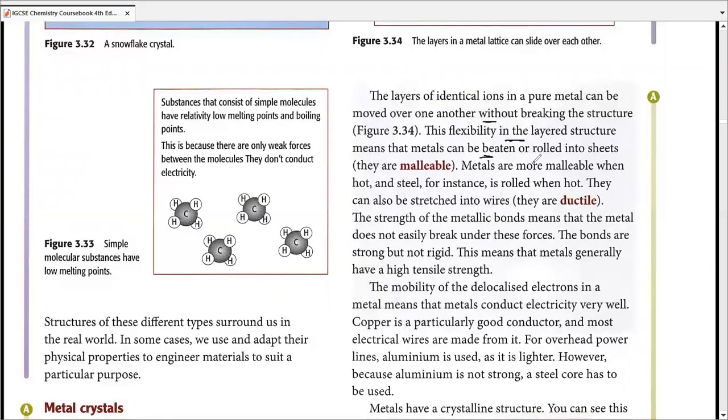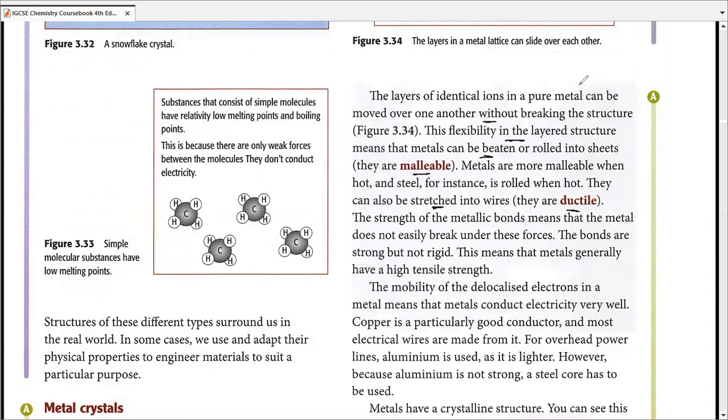So whenever we beat them or roll them, they're converted into sheets, a property known as malleability. Metals are more malleable when they're hot. So steel is rolled when it's hot. They can also be stretched or pulled or drawn into wires. The property is known as ductility.